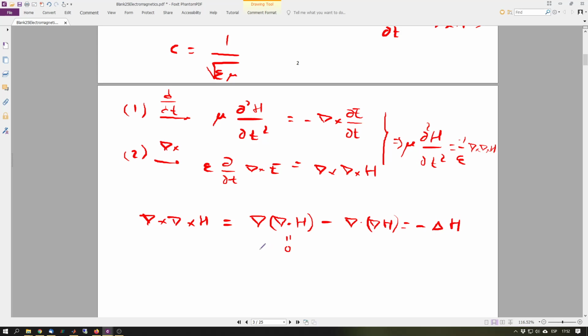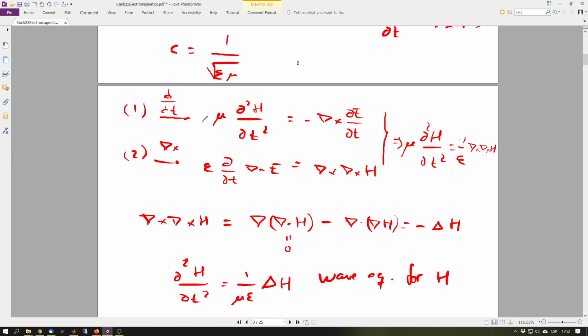So with that, we end up having an equation that states that the second time derivative of my magnetic field is equal to 1 divided by mu multiplied by epsilon, and now the minus sign cancels with this minus sign, by the Laplacian of h. And this is a wave equation for the magnetic field.